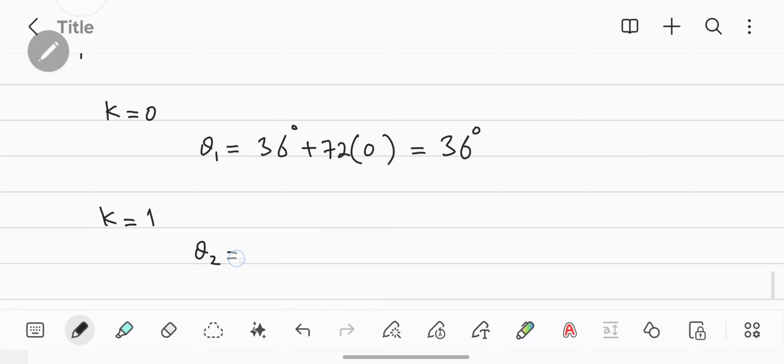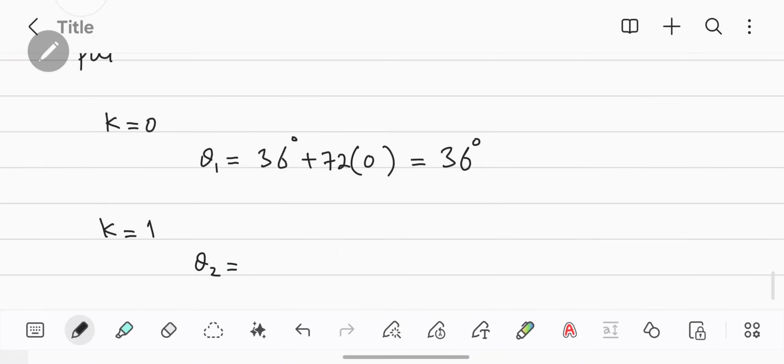Then theta 2, this is the first theta, this is the second theta, will be 36 degrees plus 72 times 1, which is 108. 36 plus 72.